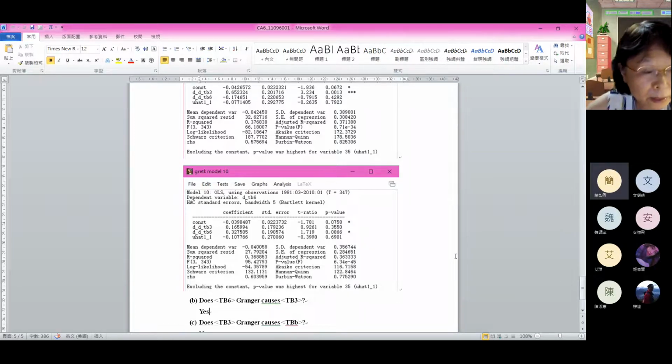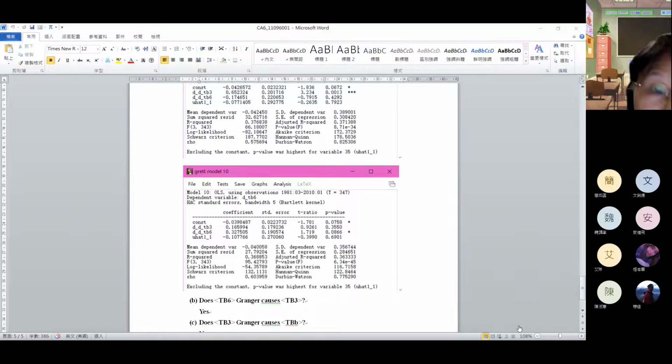The example in our class, I'm not doing the Granger causality test based on ECM. Our example in the class is using Granger causality test based on, oh yes, I think we are also working with the ECM, right?